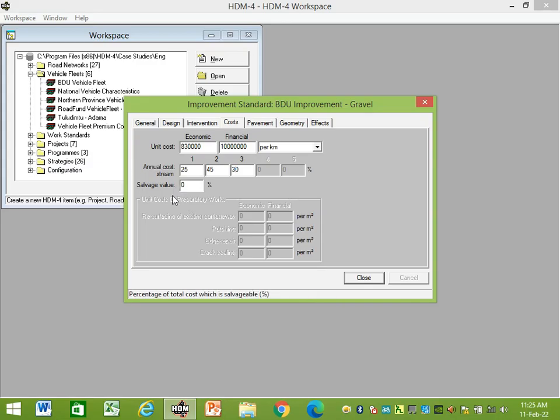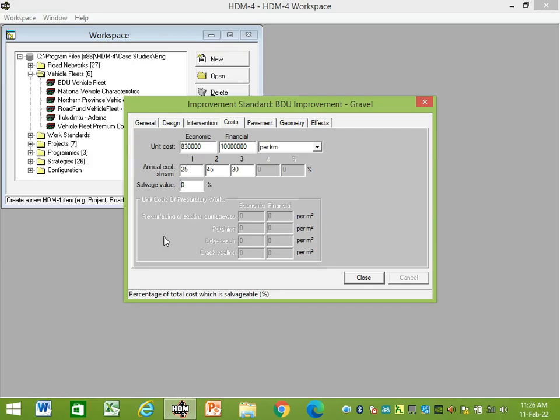Salvage value means the value of the road after 20 years. After it has served its purpose, after 20 years, especially if it is upgrading, bridges and some structures will still be there.